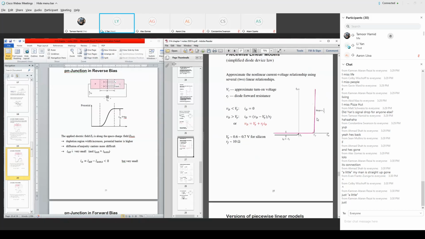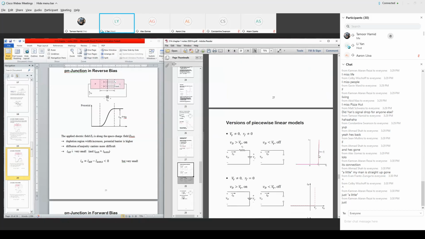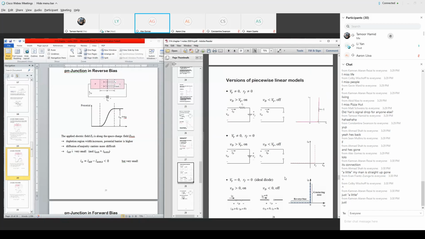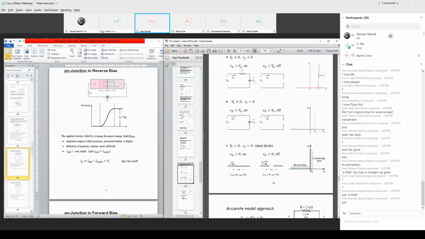What I say is it is one straight line here and another straight line there. Ignore this actual corner. Like the bottom of this slide, 28. Yes, the bottom left. You see the current is greater than 0 if the voltage is 0, but that contradicts what we learned before. Current is 0.